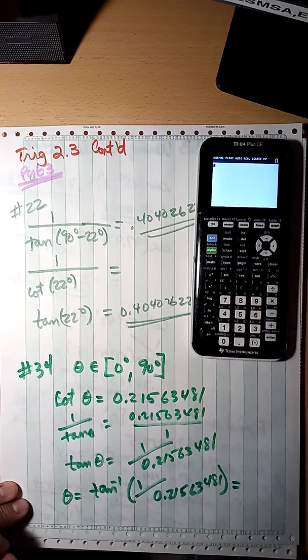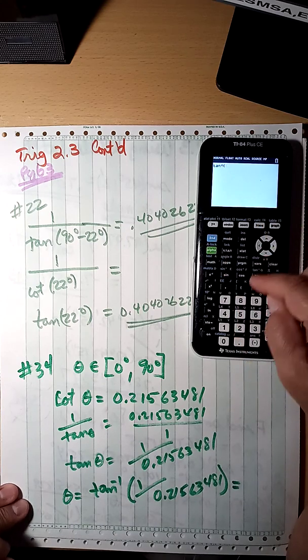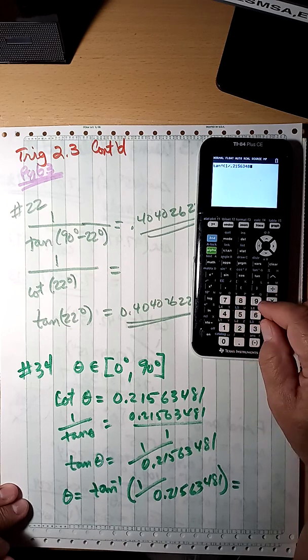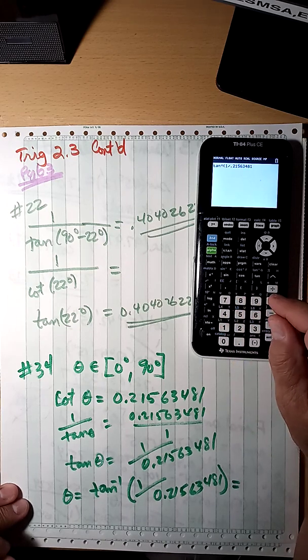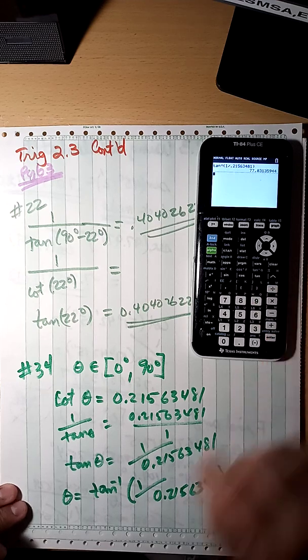Clear this out. Second tangent to get inverse tangent. Then 1 divided by, don't need the 0, just the .21563481. Did I get the 4? Yeah, 481. Close the parentheses.